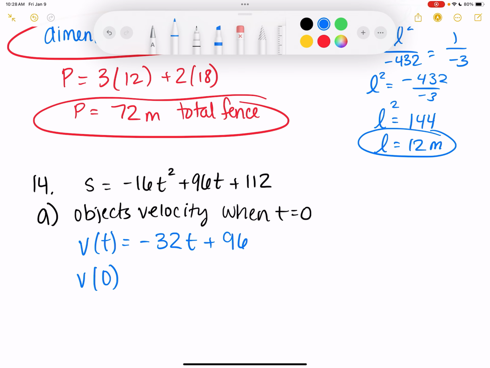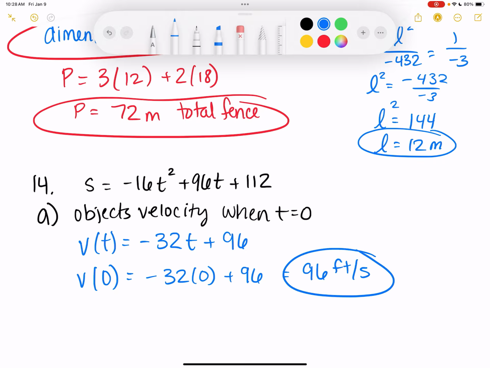So v of 0 is negative 32 times 0 plus 96, so 96. Did they give me units? Oh yeah, S in feet and t in seconds, so feet per second would be the velocity when the time is 0. So essentially, back to physics class, that would be finding my initial velocity.